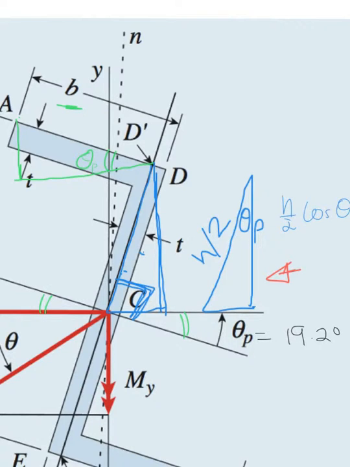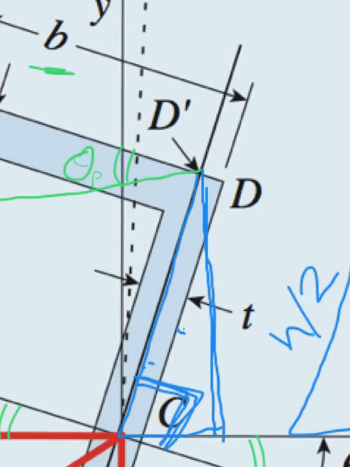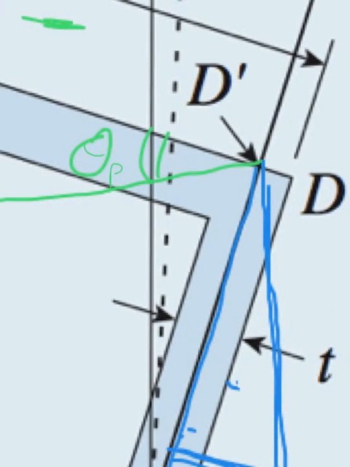So what does this mean? It means that once we know that distance, which is basically the b, which is the entire length, subtracting half of that thickness there will give us that distance. I'm just going to write it down quickly.